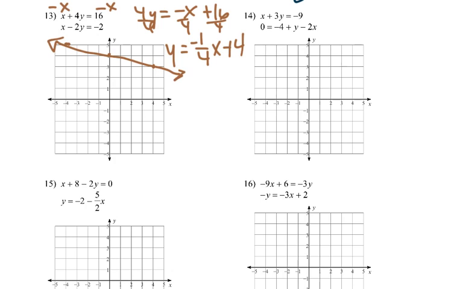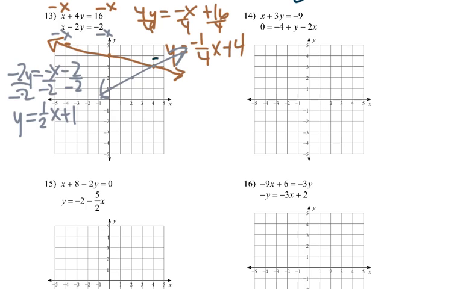Now you can graph right after you do the first one, or you can wait and solve your second one, because sometimes, like we saw last time, you get the same thing. Okay, divide by negative 2. Y equals positive 1/2 x plus 1. So up 1 to the right 2, up 1 to the right 2. This is a single answer at 4, 3.